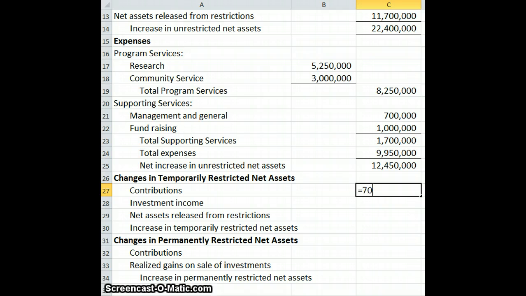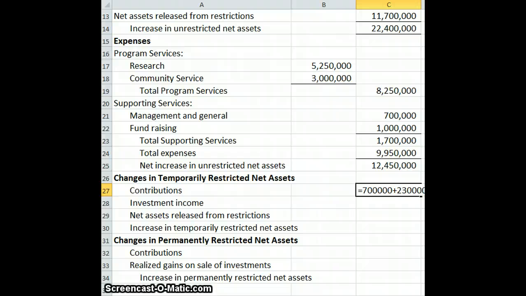So this will be temporarily restricted this year because it's for next year's expenses, and we can't spend it until next year. We're going to start with $700,000 of those temporarily restricted items. Then we have donations for specific programs of $2,300,000. We also have $600,000 that are restricted for term endowments.